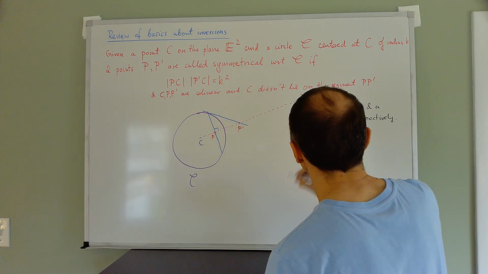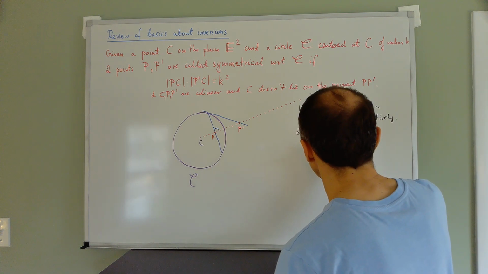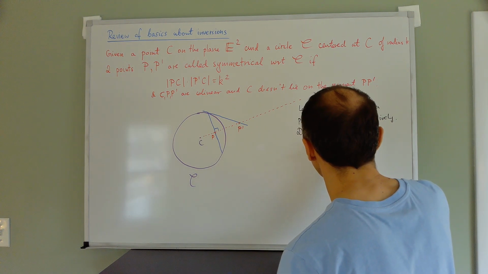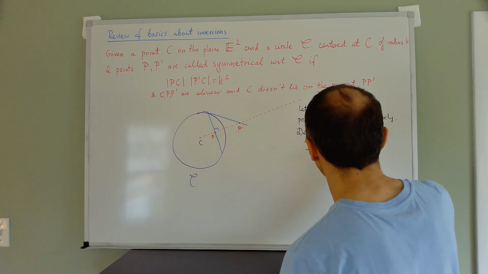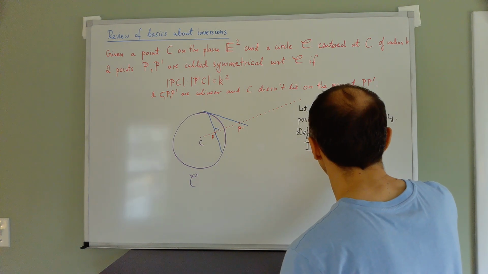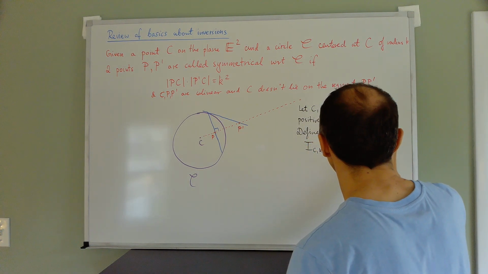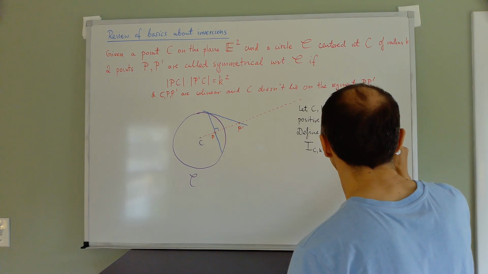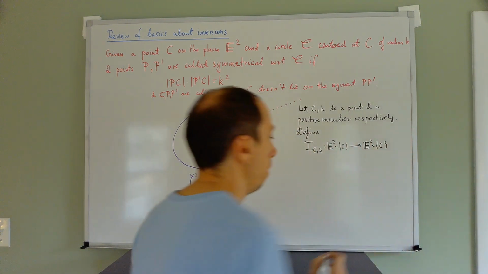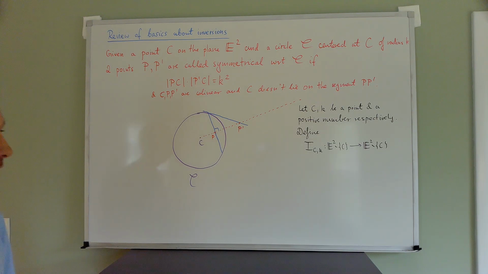Define a map I_{C,K}. This map, which is called the inversion with respect to the point C and of radius K, is a map that's defined on every point of the plane except for the point C.